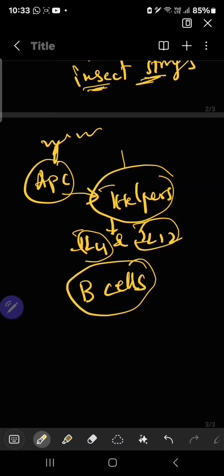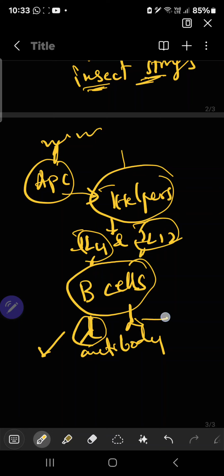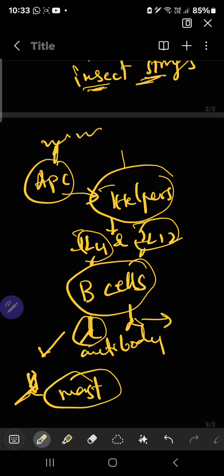B cells, after getting attached to these molecules, will produce IgE antibody, and this will be released into the bloodstream, and these antibodies will get attached to mast cells.